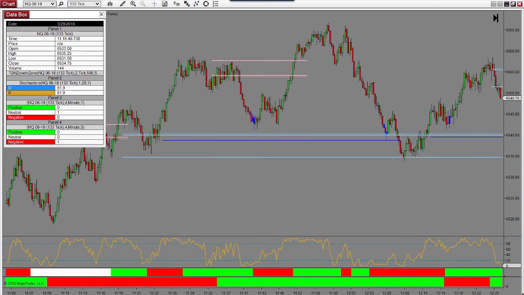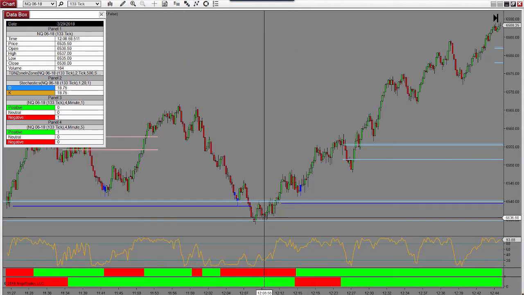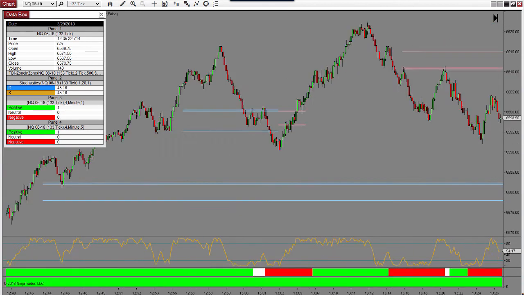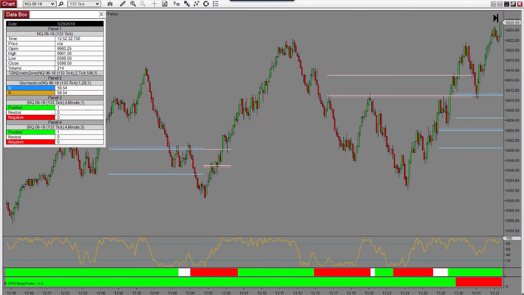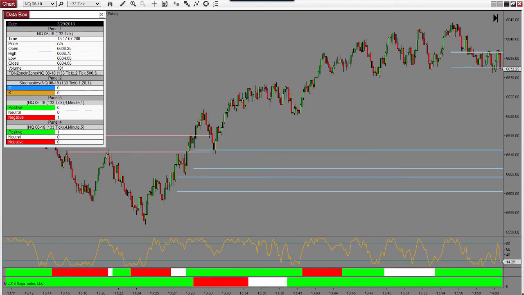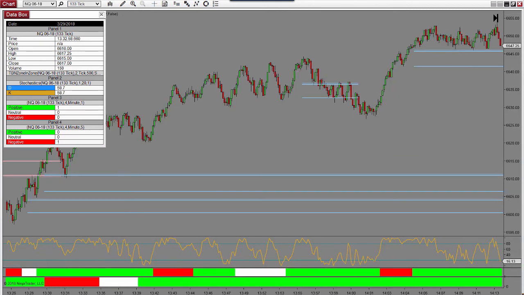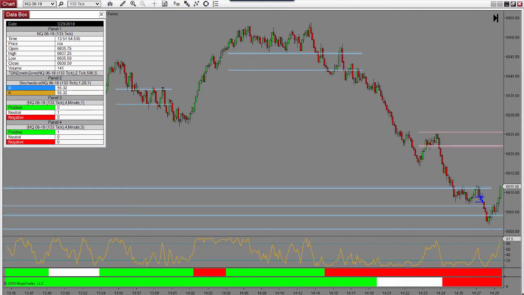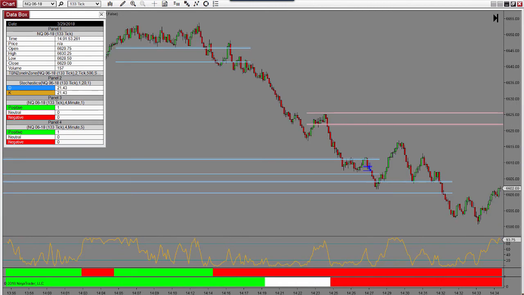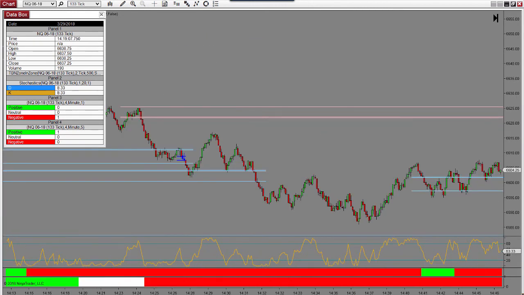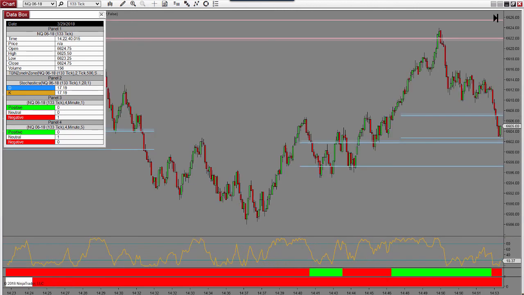Choppy action. Here's a nice trade. So you guys can see there's a lot fewer zones.